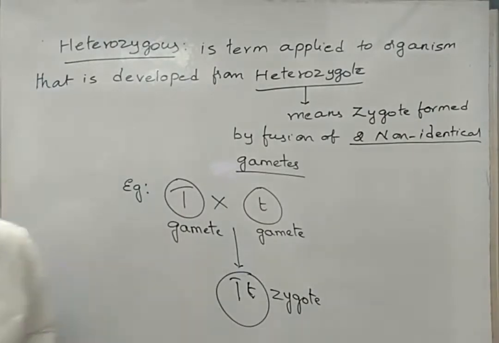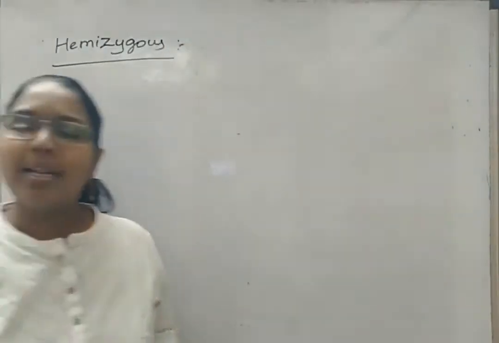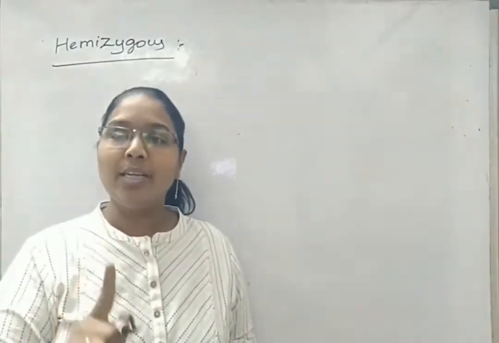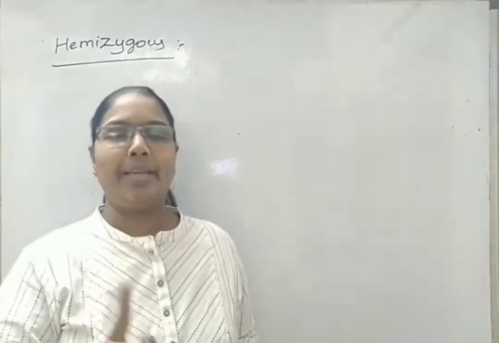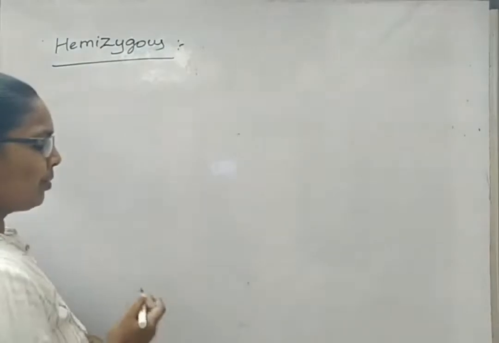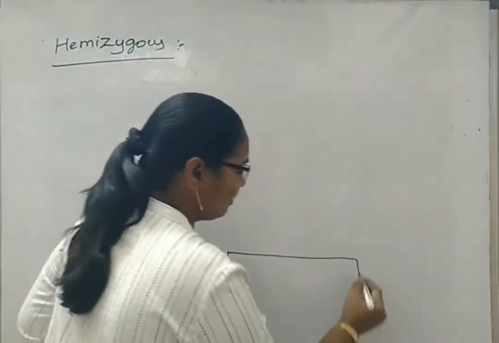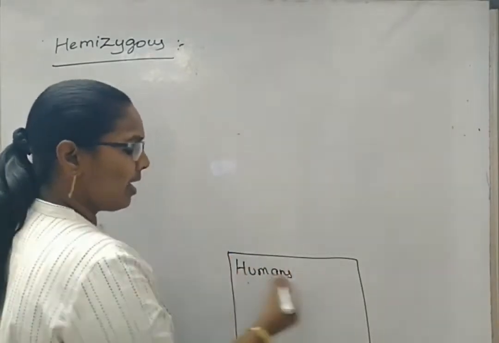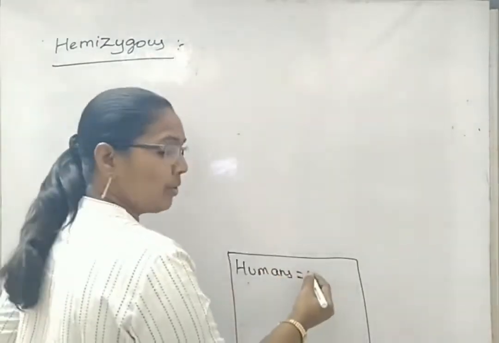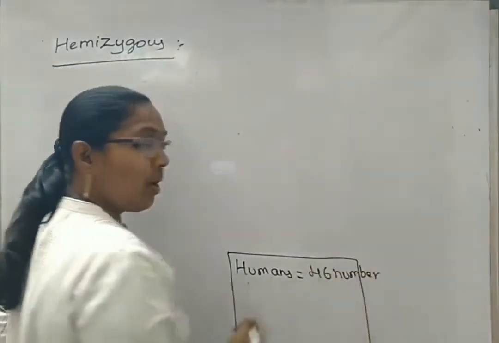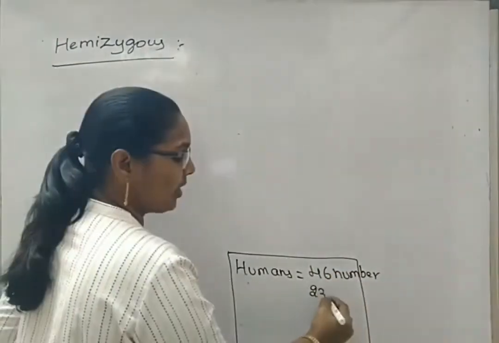The next thing is hemizygous. It is the term applied to an individual having only one type of allele of the pair. Suppose we remember one example: humans have how many chromosomes? Humans have 46 chromosomes, that is 23 pairs.